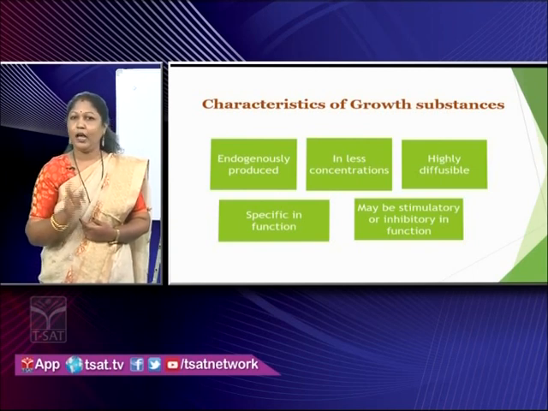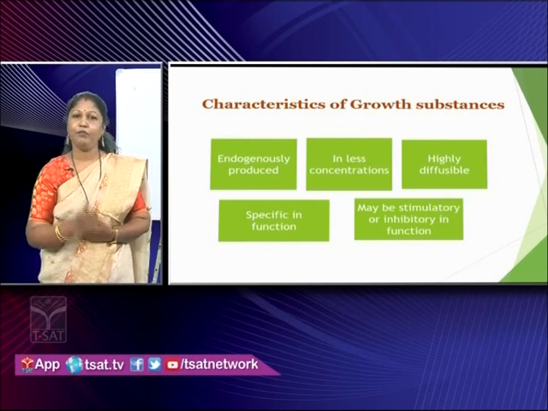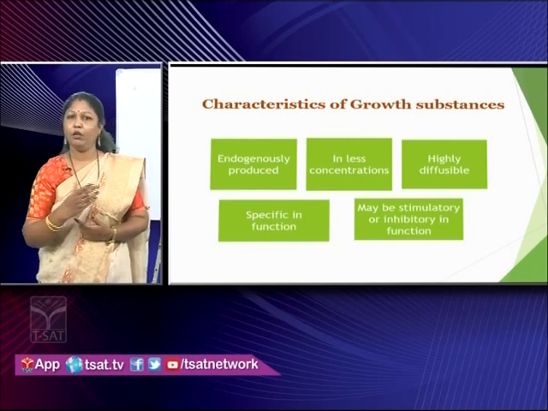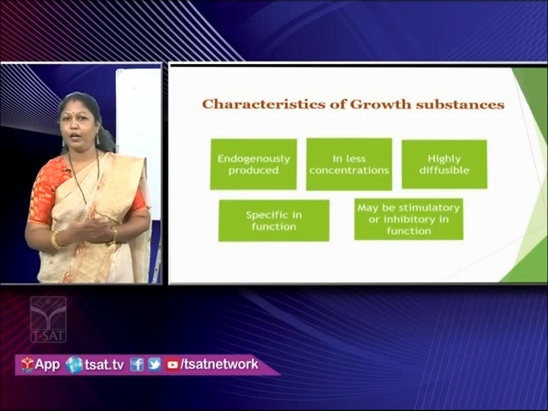And since I told you that they are produced at one part and show their effect on another plant part, it means that they have to travel, they have to be transported, and that is because the nature of the growth substances is that they are highly diffusible. They can move from one part of the plant to the other through various modes. And do you know what the most popular mode is? That is the xylem and the phloem. Of course, a few parenchyma cells in the cortex can also carry them.